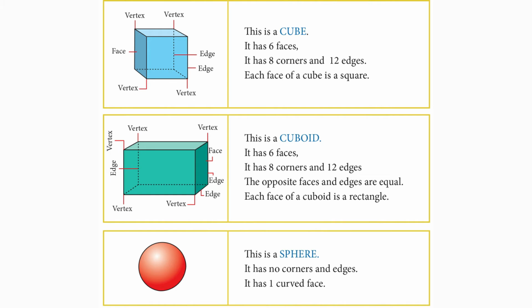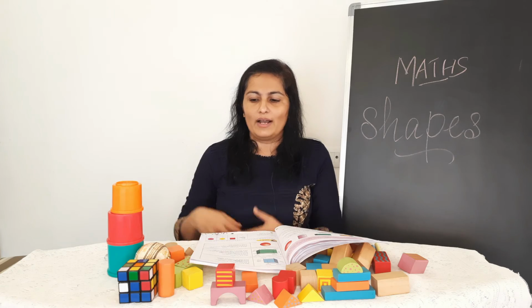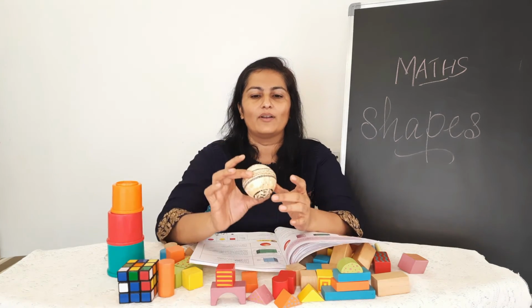Now, we have one more shape to learn, but that is almost like our circle that we learned in 2D. It's a sphere. It has no edges and no vertex. But it has one curved face all around. Let's take the example of a cricket ball.